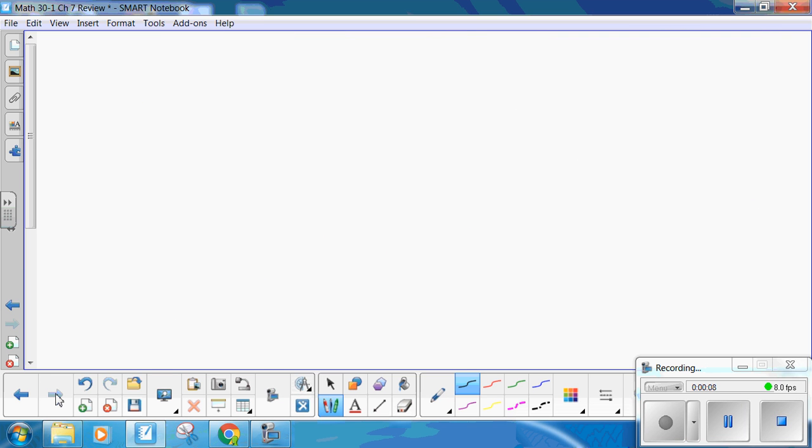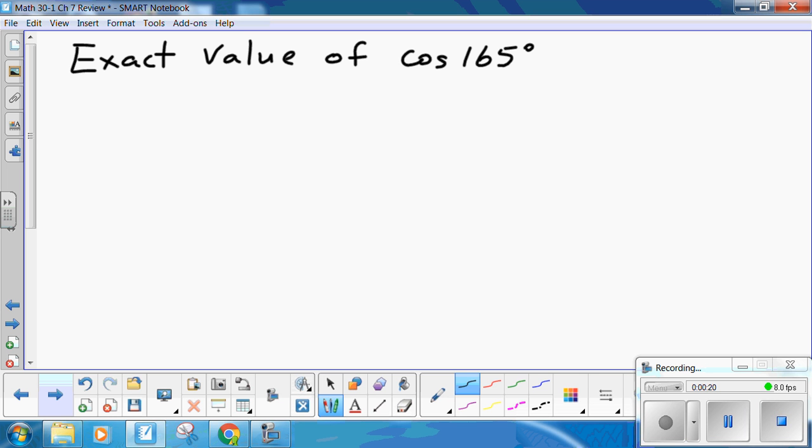So, I might ask you to determine the exact value of cos of 165 degrees. Now you're going, that's not an exact value, but you can't calculate that easily because, as I said, I want this as minus square root of a minus square root of b over c square root d.